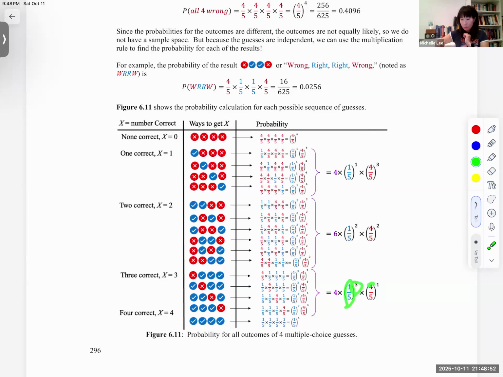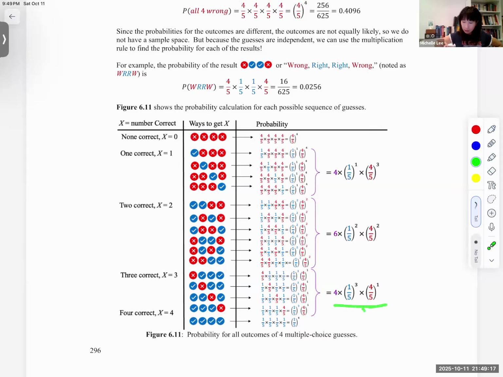And then wrong will be 4 over 5 to the first power. Only one wrong, right? How many are there? 1, 2, 3, 4. So 4 of them. Yeah. So 4 of them of that. But in this one is multiplication. We not really have a bracket, right?